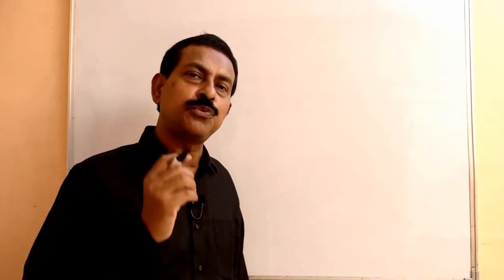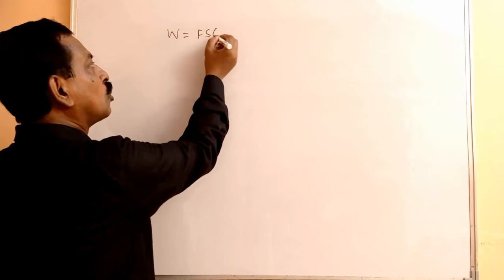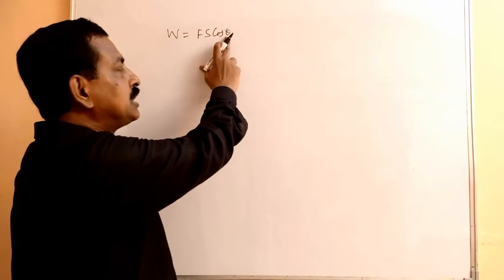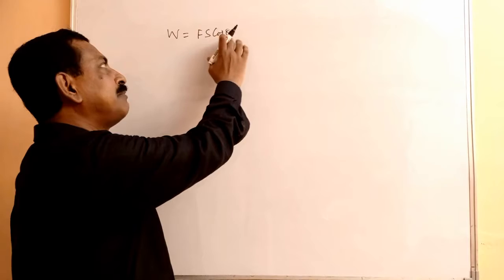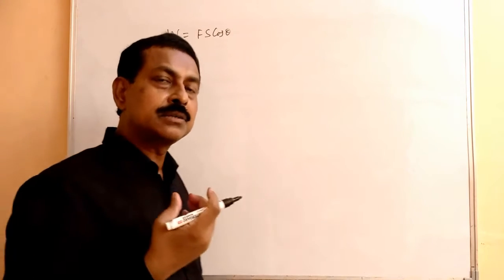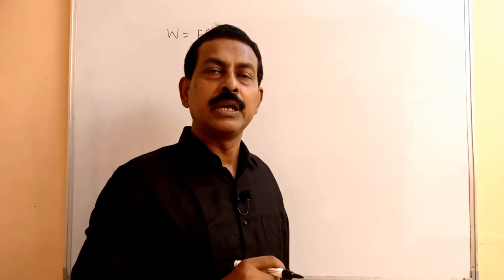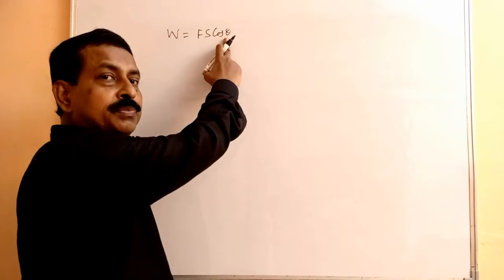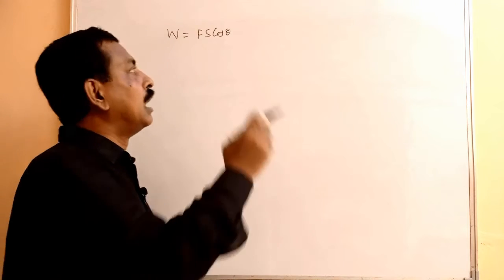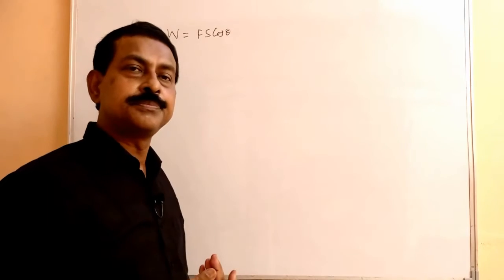As we have the expression for work done given as W equals to Fs cos theta. Now you see that if theta is different, then cos theta value will be different there. That means we can take theta if it is acute, then cos theta will be positive. If theta is obtuse, in that case cos theta term will be negative. Or if theta is 90, in that case cos theta will be 0 there.